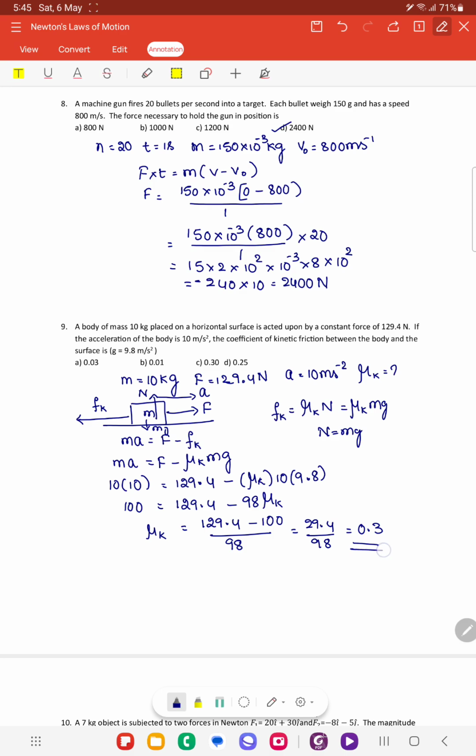So mu k value is 0.3. So option C is the right answer.